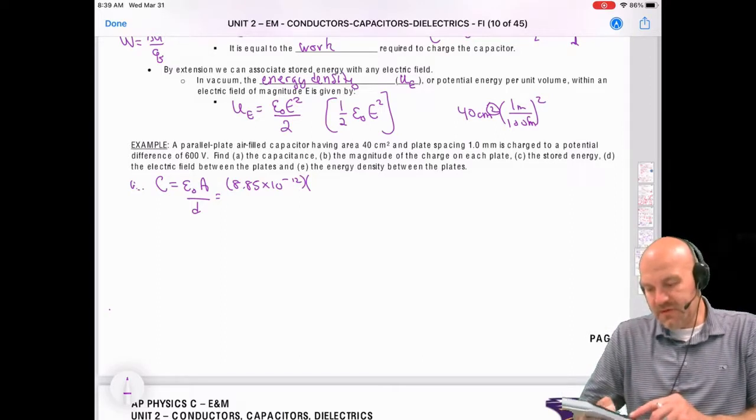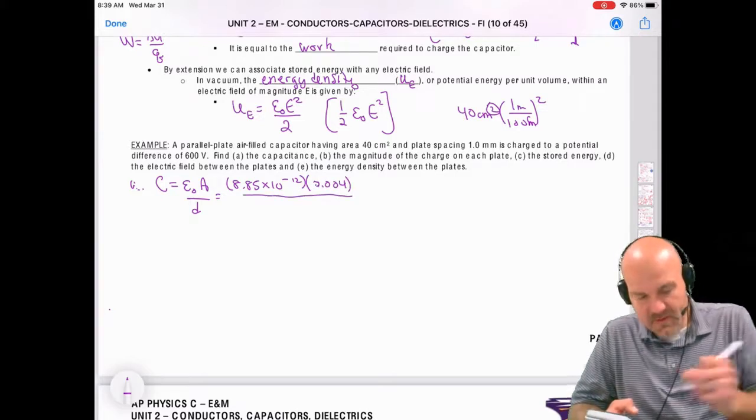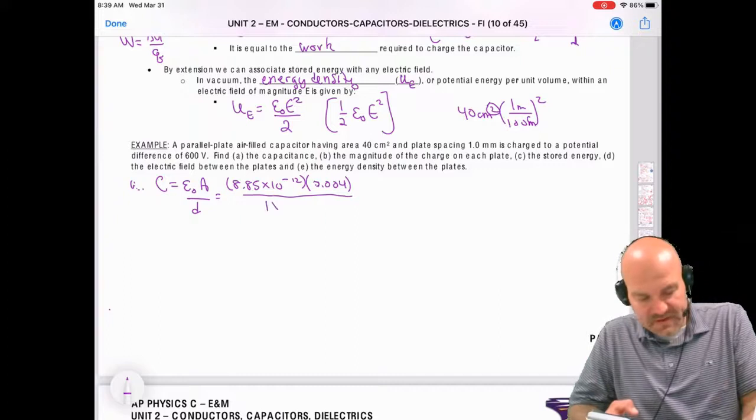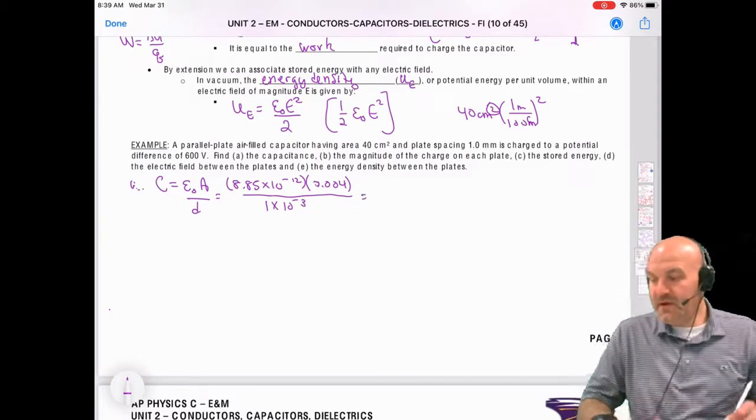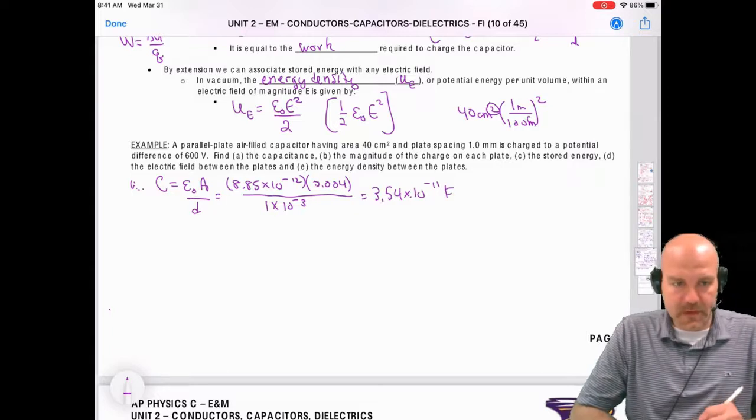So 40 divided by 100 squared, and I did do it correctly. So my area in meters is going to be 0.004. And it's separated by a distance of a millimeter, so it's 1.0 times 10 to the negative 3. So the capacitance is going to be 3.54 times 10 to the negative 11th farads.